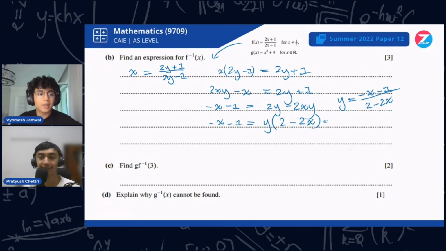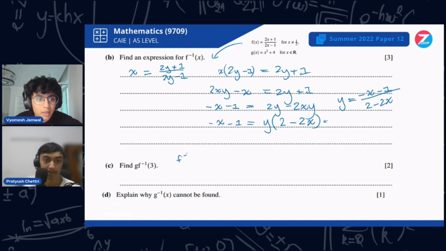And I mean, the mark scheme might actually be a bit different, but either way, it would say OE or equivalent, so this will also be considered. And now looking at question C, it says find g of f inverse of 3. So we've already gotten the inverse function of f, so we could put 3 inside of that and see what we get, and then put that output inside the function of g.